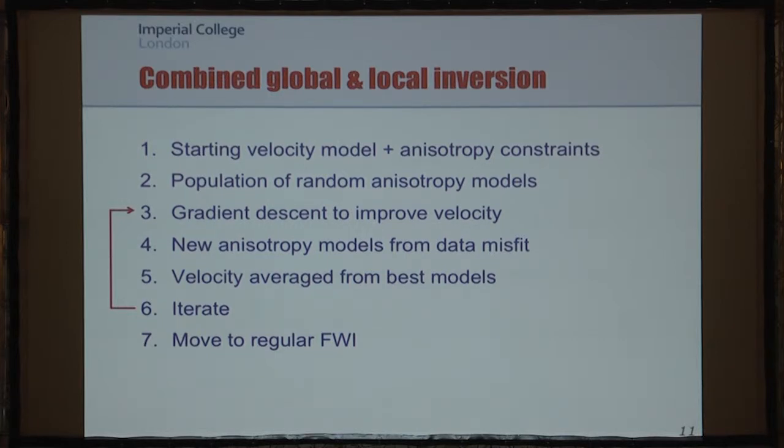We use these objective function values to produce a new suite of anisotropy models using some global algorithm. And from the best anisotropy models, we take their corresponding velocity models, average them such that we have a new single velocity model for the next iteration. We iterate like this for a handful of iterations until we're close enough to the true answer that we can then switch to conventional multi-parameter steepest descent.